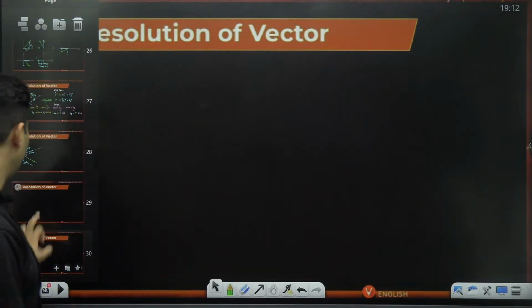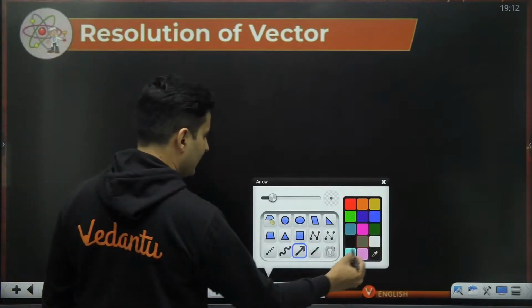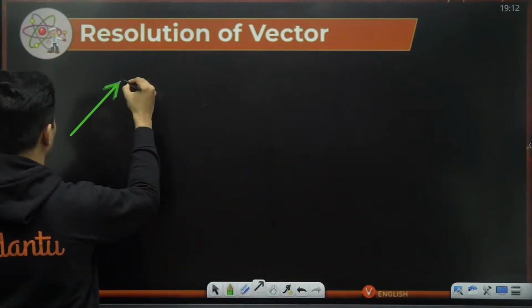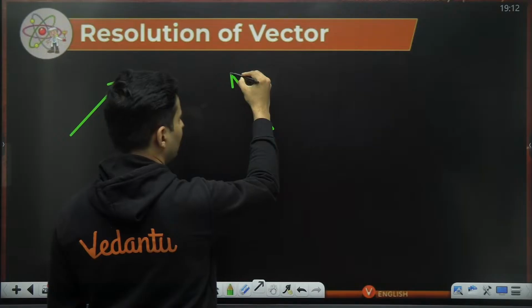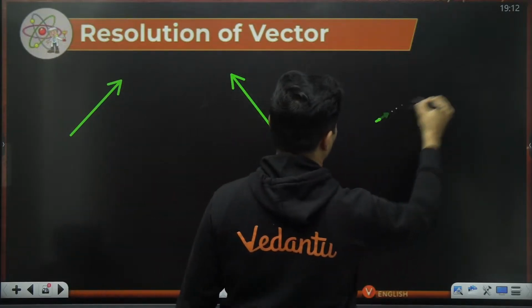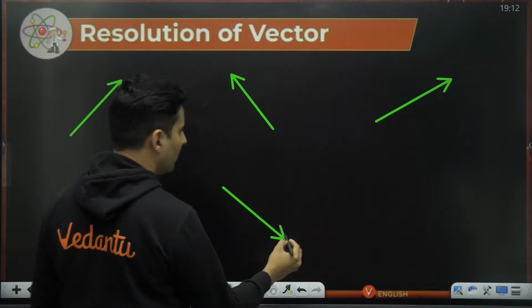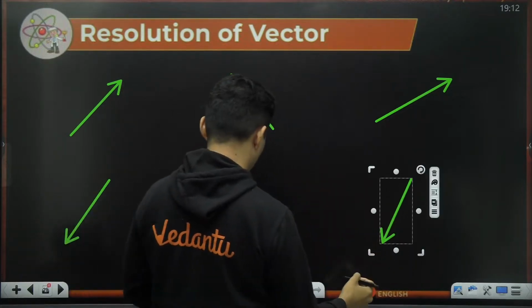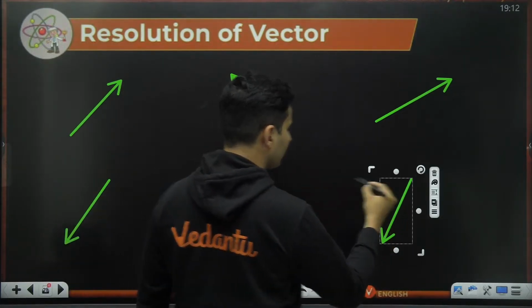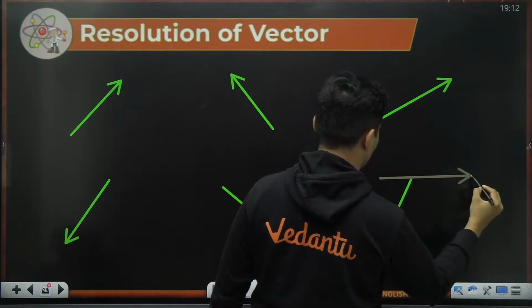So let me show you some examples on this. Say for example, we take a vector here, then a vector here, then a vector here, then a vector here, then a vector here, then a vector here.